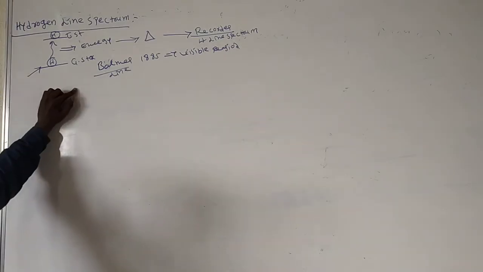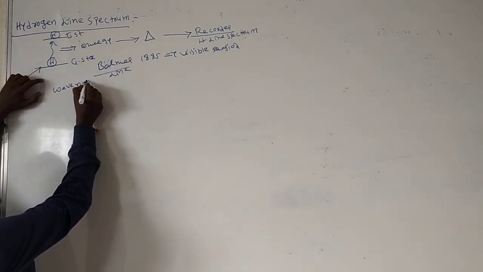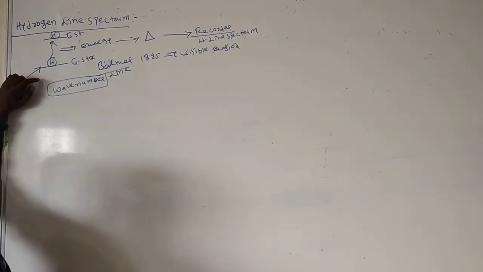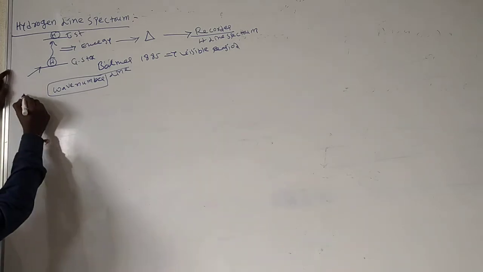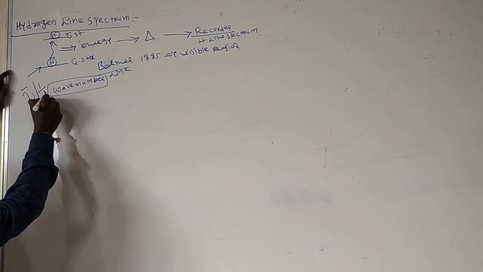Here, the spectral lines are represented in the form of wave number. Wave number is indicated with u bar, or it is also indicated as 1 by lambda.